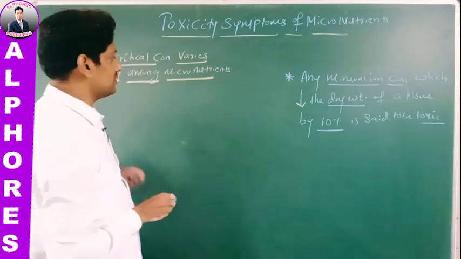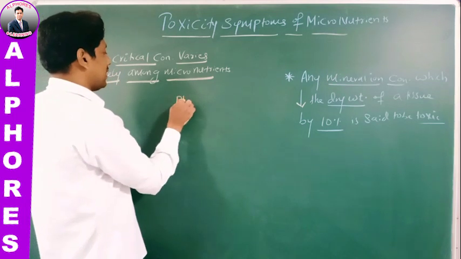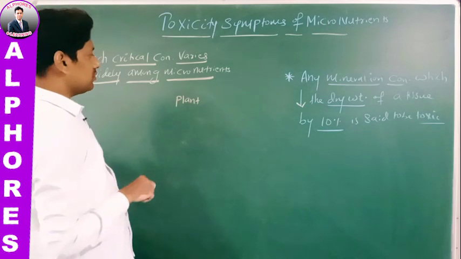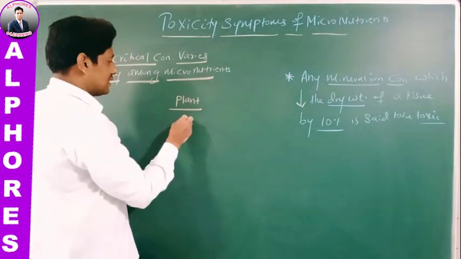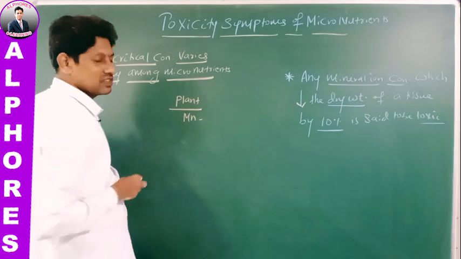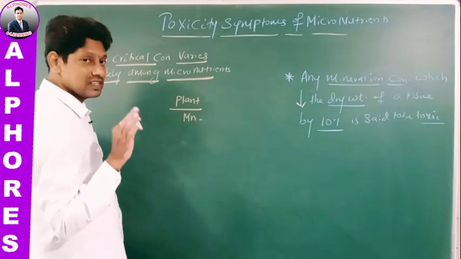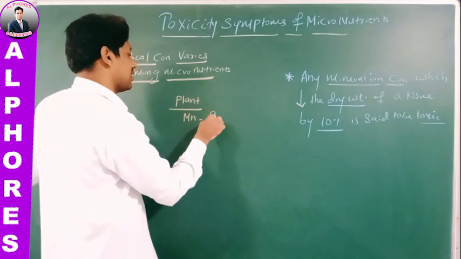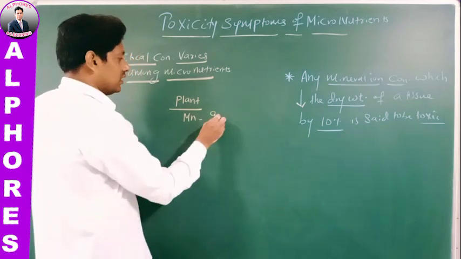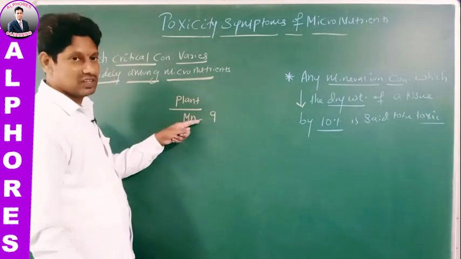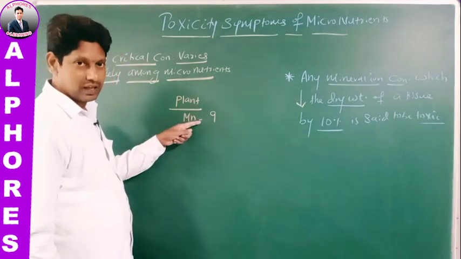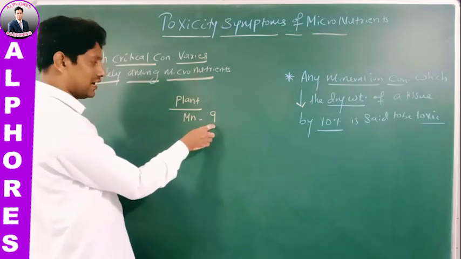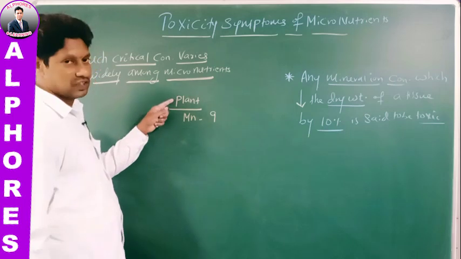Sir, what does it mean? For example, take a plant. For this plant, manganese becomes toxic, this is our assumption, when the manganese concentration is 9. Okay, if the concentration of manganese is 9, then manganese becomes toxic for this plant.